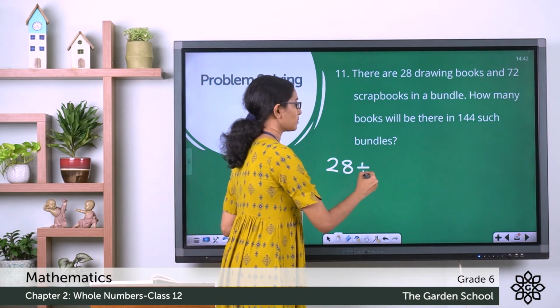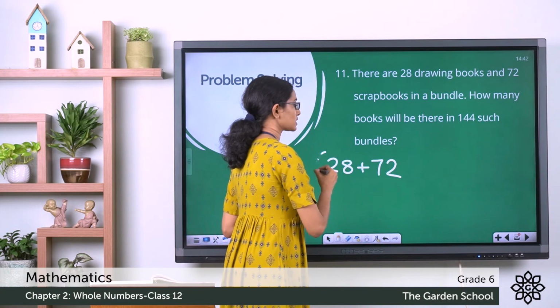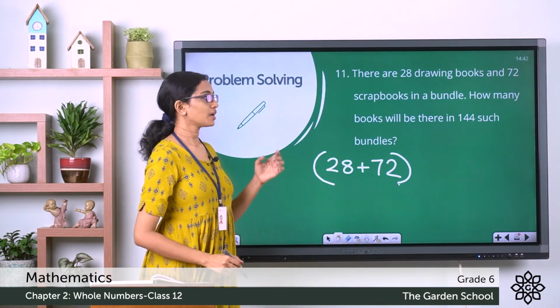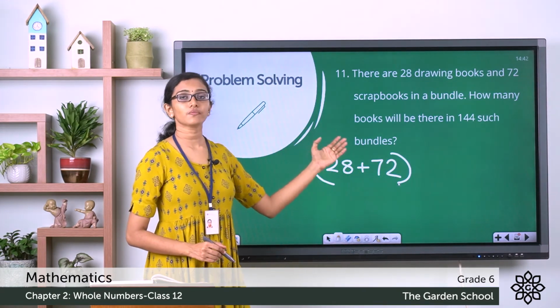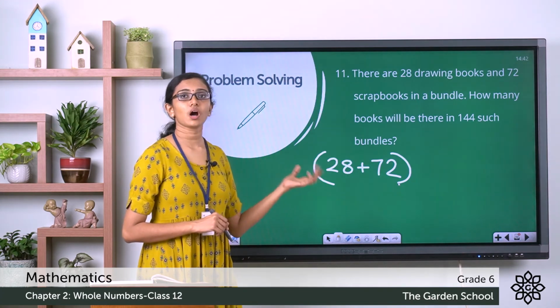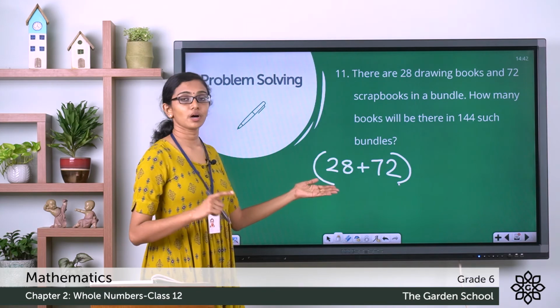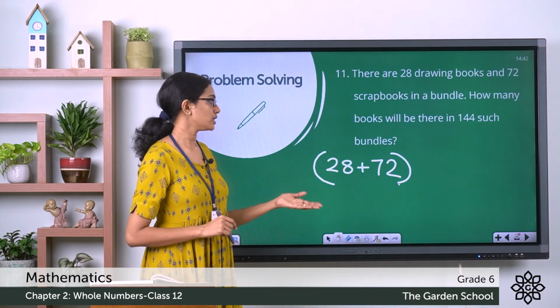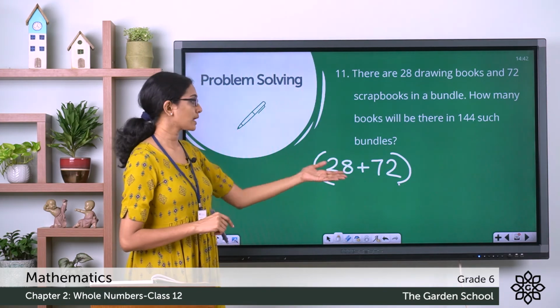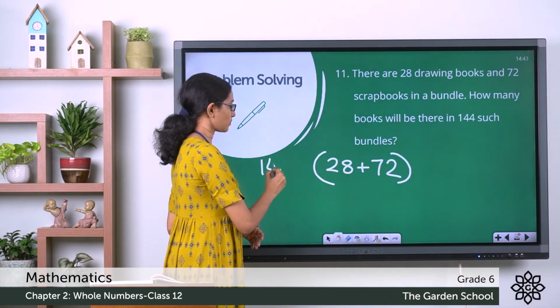So one bundle will be equal to 28 plus 72. Now you have a total of 144 such bundles. Now how do you find out the total number of books? This is one bundle and you have 144 such bundles. You have to multiply this by 144.